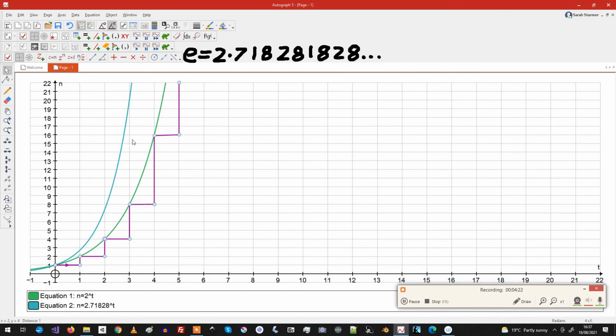So this is what the cells would actually grow like if they were growing with 100% growth every single moment, instead of waiting for a second not doing anything and then pop, suddenly growing, and waiting for a second not doing anything and then pop, suddenly growing.